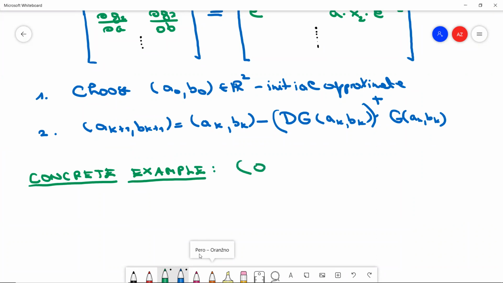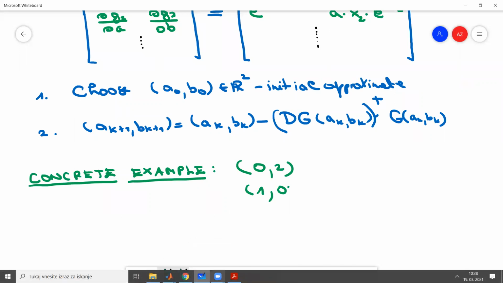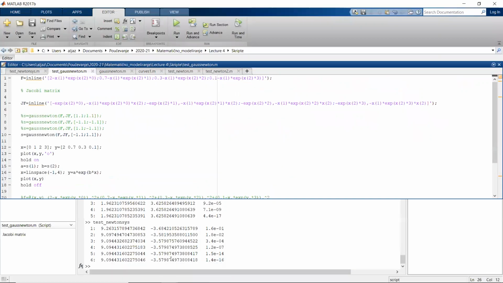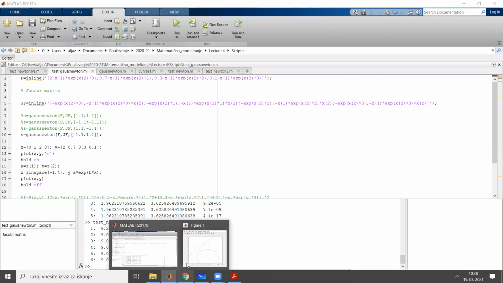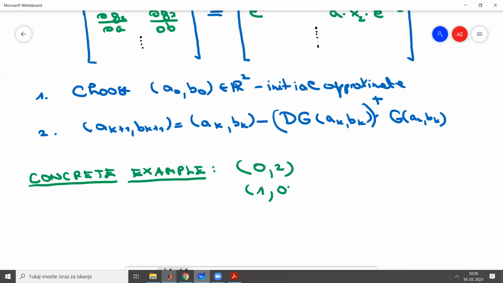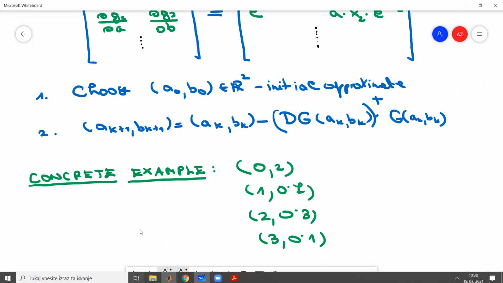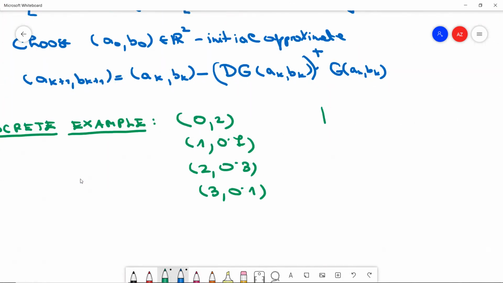So points were 0, 2, then 1, 0.7, if I remember correctly, and then 2, 0.3, and 3, 0.1, yes. So 1, 0.7, and then 2, 0.3, and 3, 0.1. So those are my points.